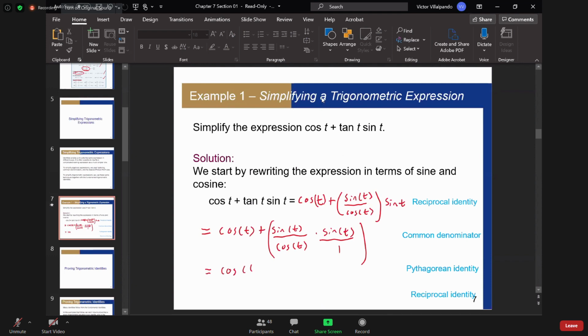Here we have cosine t. When we multiply fractions, you just multiply the top parts respectively and the bottom parts respectively. Sine times sine would be sine squared. Cosine of t times 1 is cosine. Right?